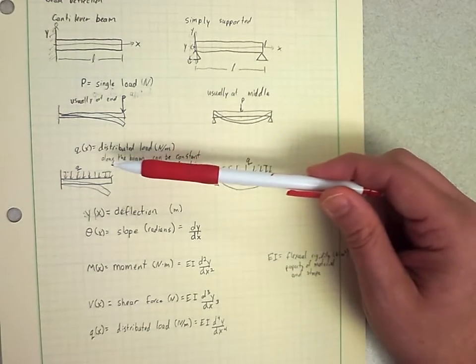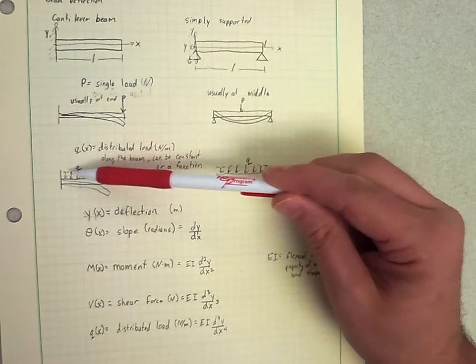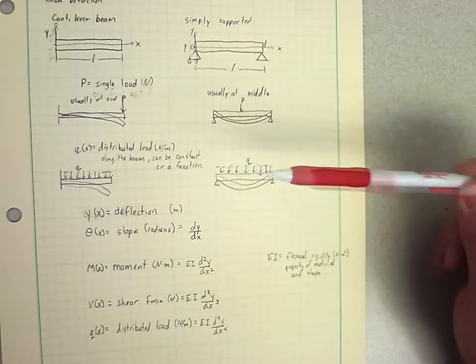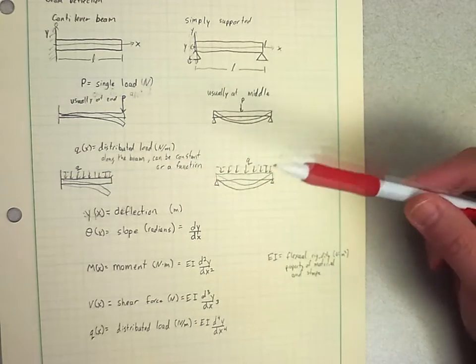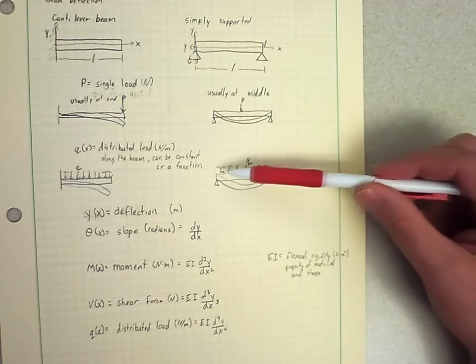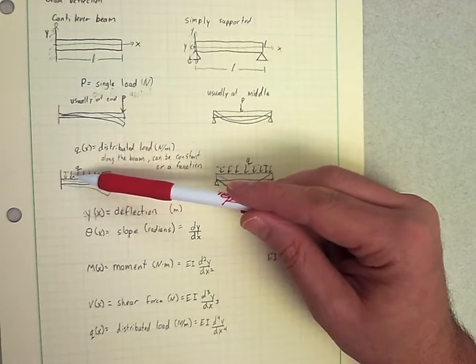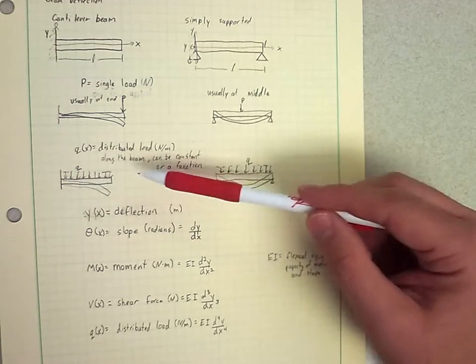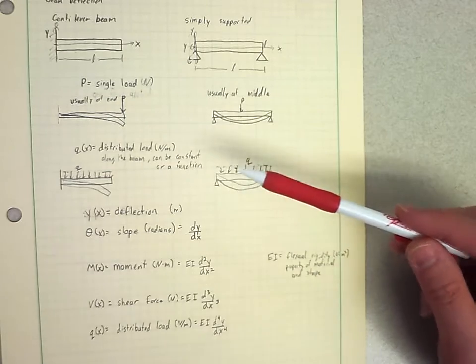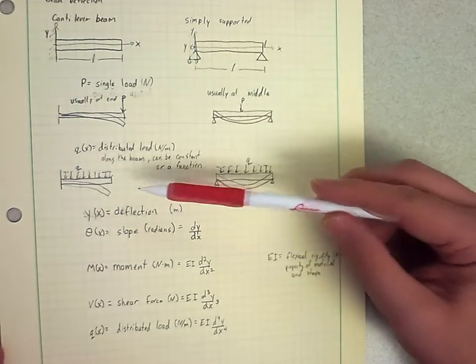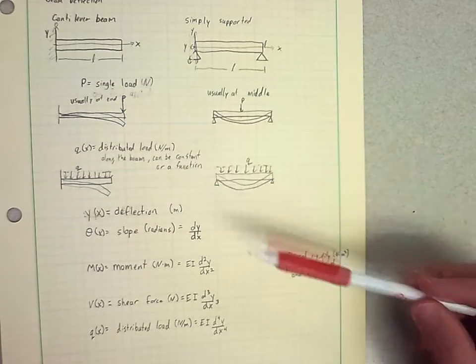These can be constant, so that the load is constant all the way across the beam, or you may end up in a situation where the load is a function, in that it changes as we go down the beam, maybe higher at one end, or it could even follow something strange like a sinusoid curve. But it has some sort of deflection there.